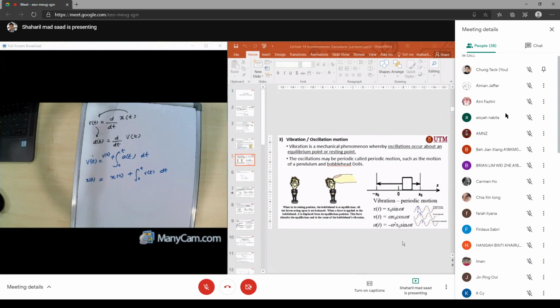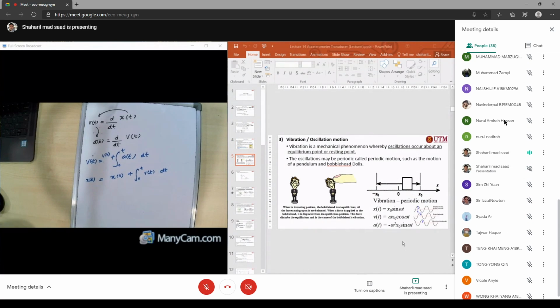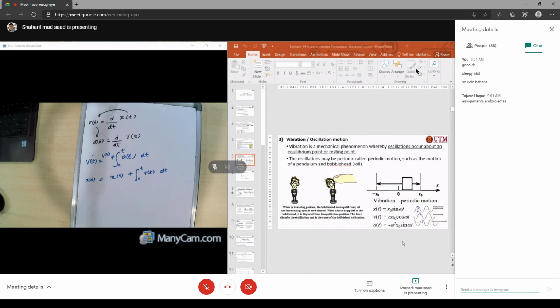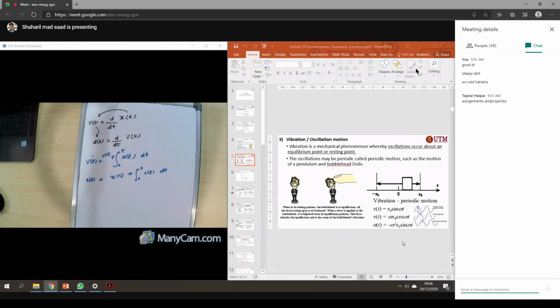We also have vibration, which has something to do with acceleration. Vibration means the phenomenon where oscillation occurs. We know the bobblehead, for example. When you push some object, some mass, to a certain displacement and then release it, the mass will go back and forth and so on.